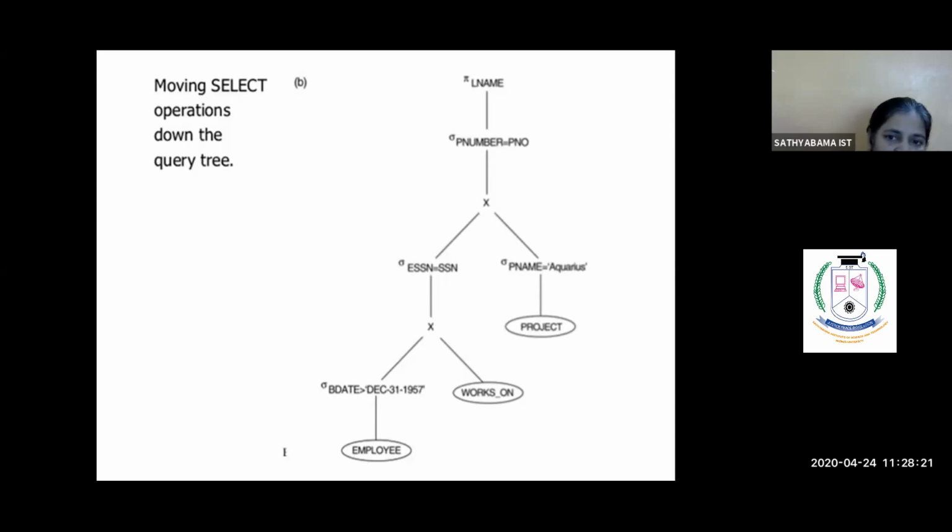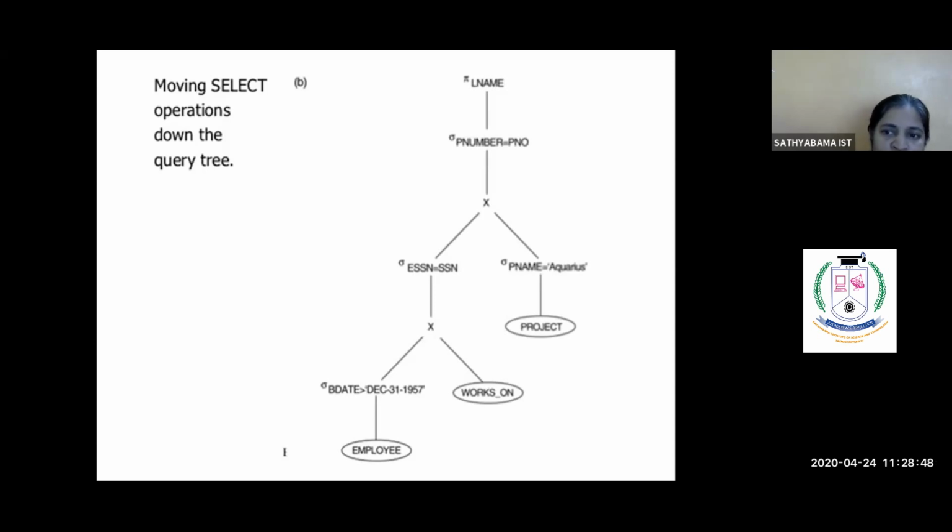So again we are checking that ESSN of works on table should be equivalent to SSN of employee table. Either way you can write sigma SSN equal to ESSN or sigma ESSN equal to SSN, both are similar. Only those relevant rows are fetched as an intermediate resultant table. And again from project table, project name should be Aquarius.